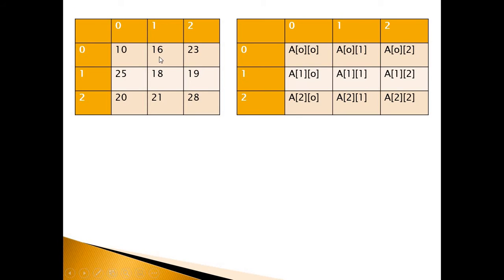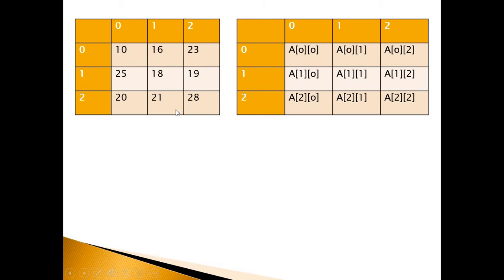To fetch 16, that is the second element stored in the array, the index required is 0, 1. The third value is fetched by using the index 0, 2. To fetch the values from the second row, that is the row with row number 1, the indexes used are A10, A11, A12.